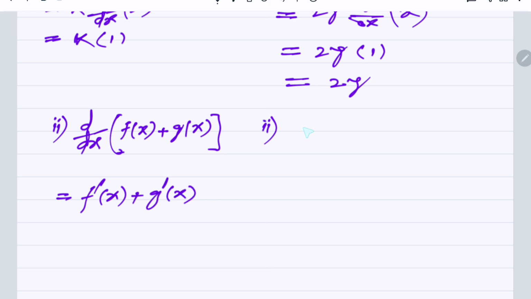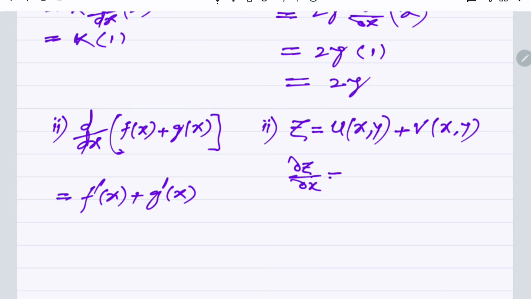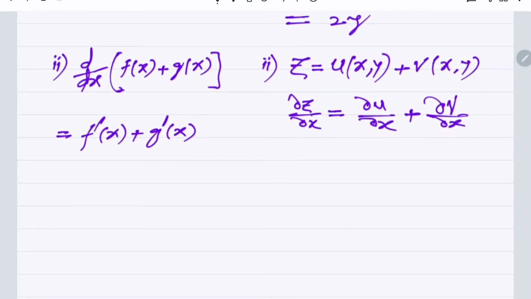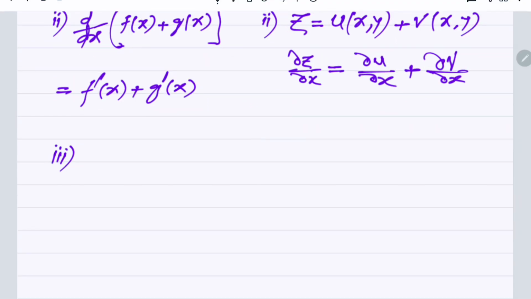Then differentiating partially for the given function z as u of x y, function of two independent variables, and v, function of two independent variables. Therefore, exactly using the same rule, we can obtain dou z by dou x as differentiation of u with respect to x keeping y constant, and derivative of v with respect to x keeping y constant. Then third rule as a product rule.